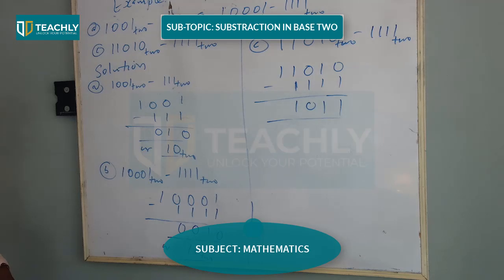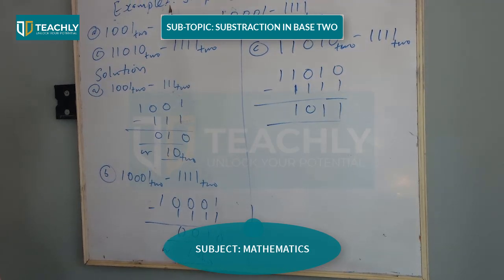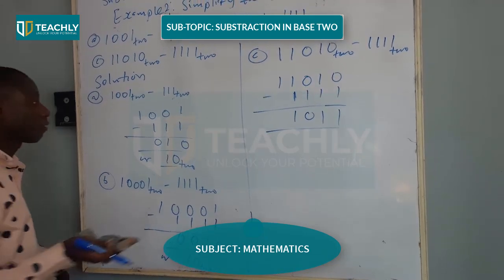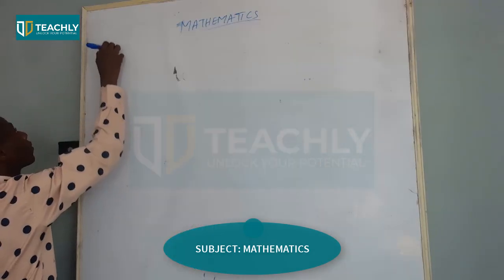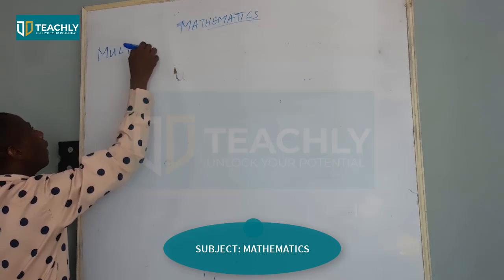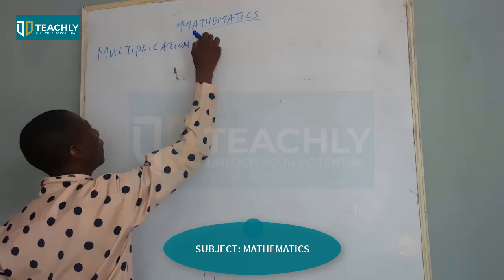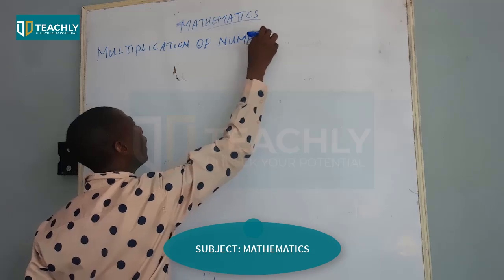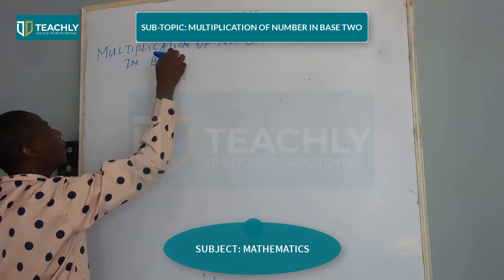Let's move to the next one. We are done with subtraction. Next is multiplication. Multiplication of numbers in base 2.